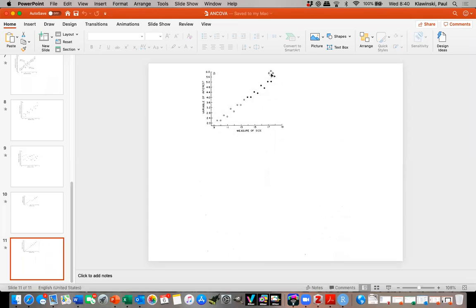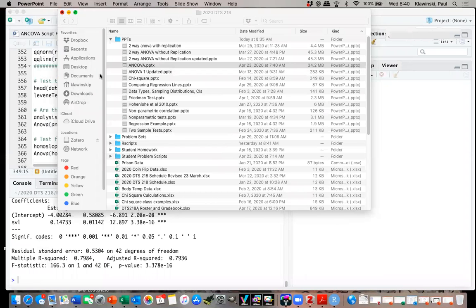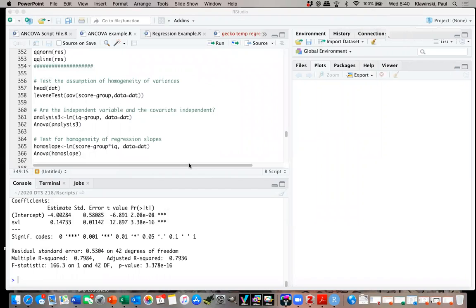And so it's difficult to make the assumption that those slopes are actually similar. That's why you check to see: does the covariate differ between the two treatments you're comparing? Because if they don't overlap, the homogeneity of slopes becomes a dicier assumption.